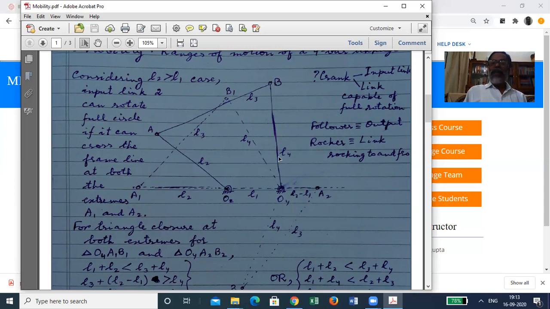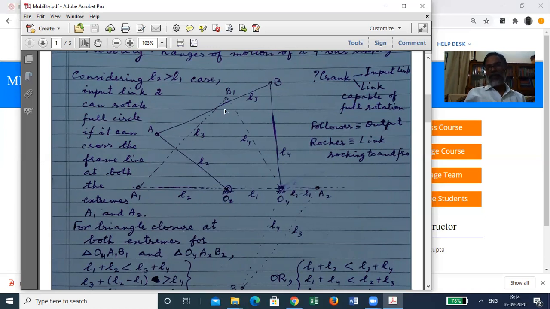We know that even if this is the longest link, the Grashof condition has clearly told us that shortest plus longest will be smaller than the sum of the other two. So if this angle tries to go larger and approaches 180 degree, then these two, even by straightening, will not be able to complete that. So that triangle will never close. This triangle O2, O4B with O2AB aligned will not be possible.